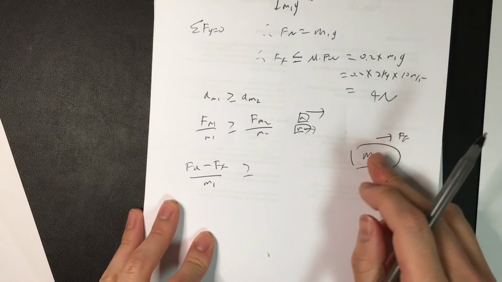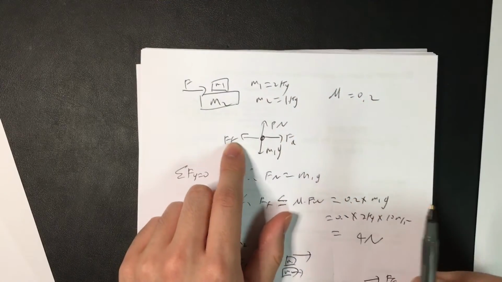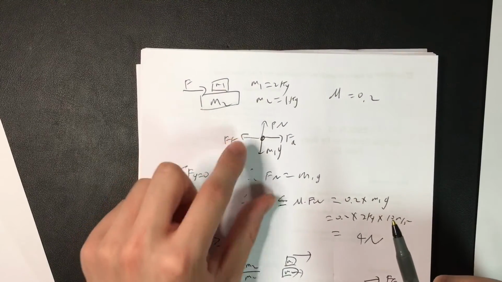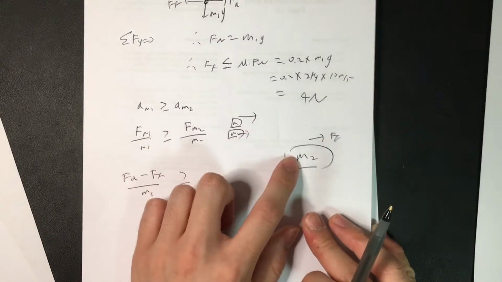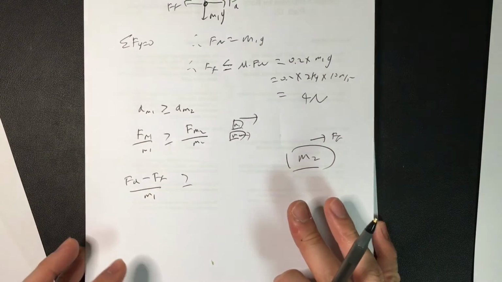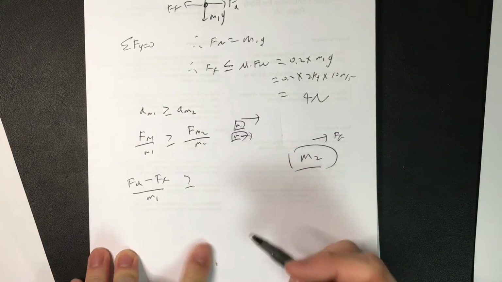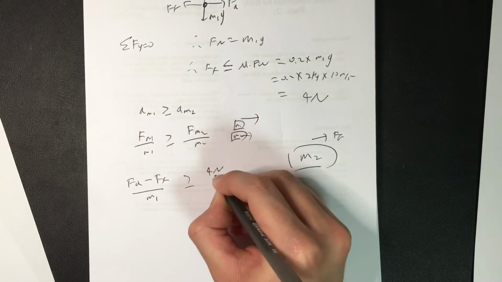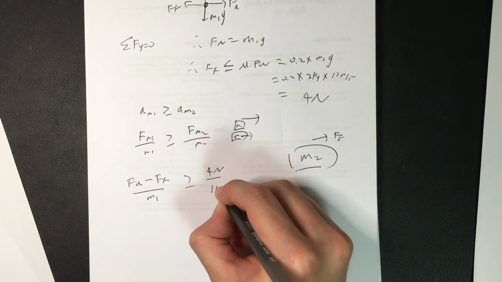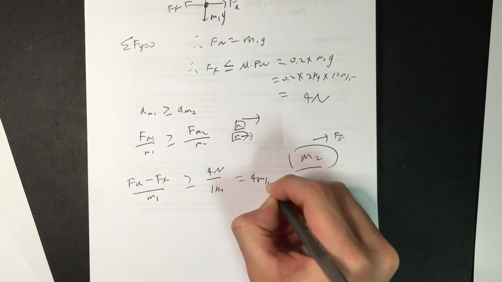Now, the reason why the friction force is applied to the right is that this friction force from M2 to M1 is a reaction force of the force from M1 to M2. Therefore, these two have the same magnitude with opposite direction. So the acceleration of M2 is 4 newtons divided by 1 kilogram, which equals 4 meters per second squared.